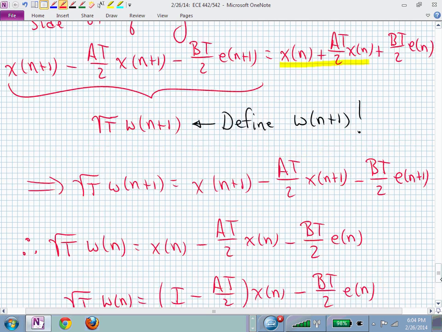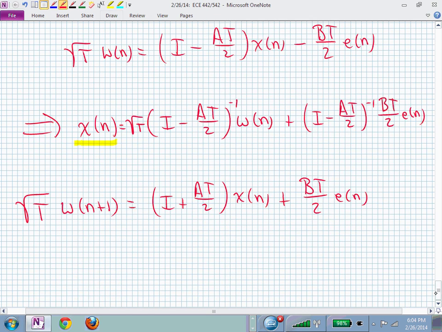Now, let me use this formulation for x of n in there.